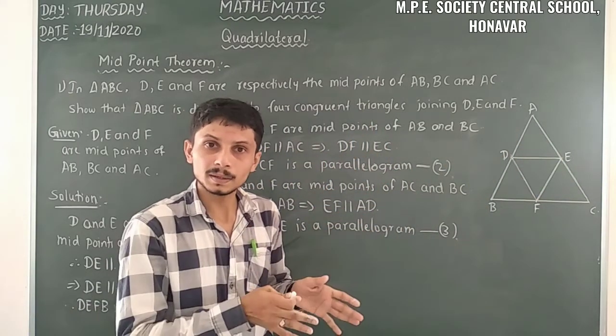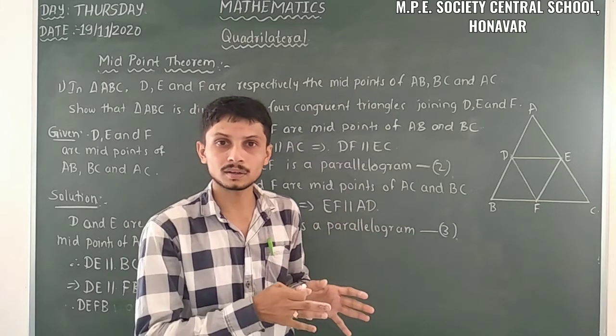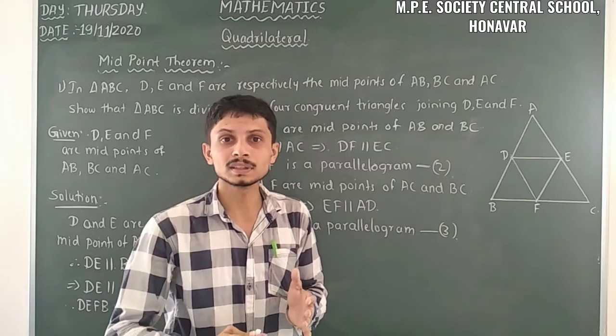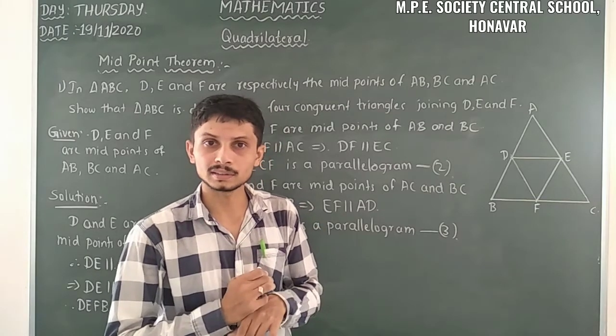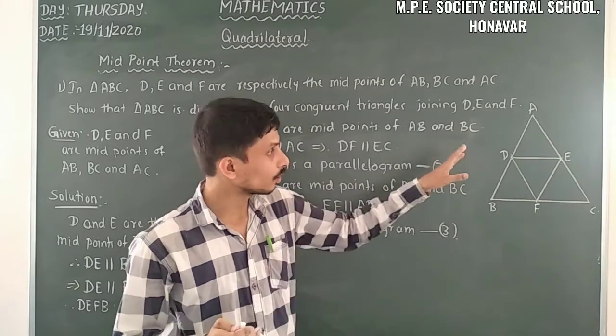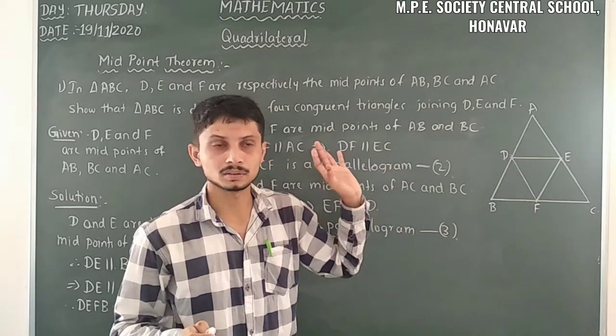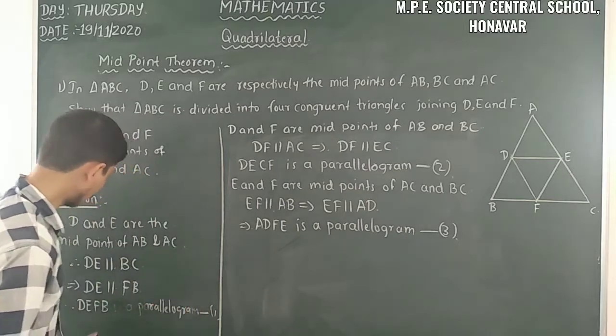In a parallelogram, a diagonal splits it into two congruent triangles. So that's why we can take all the triangles as congruent.